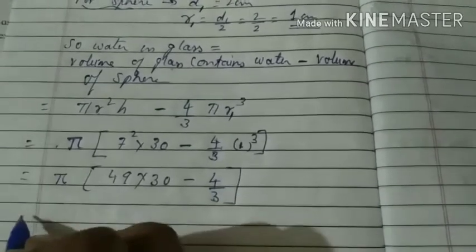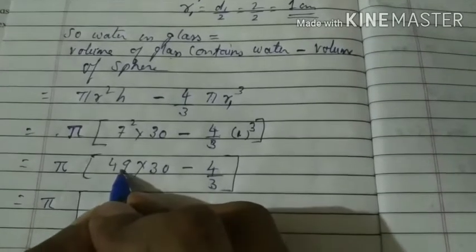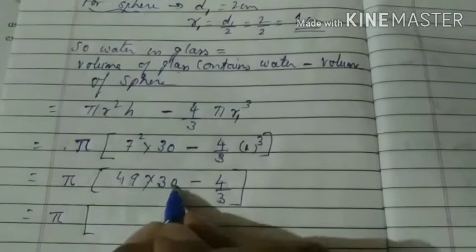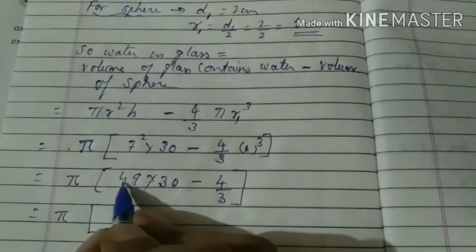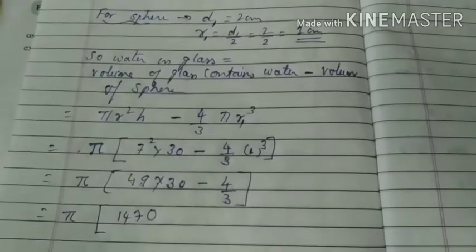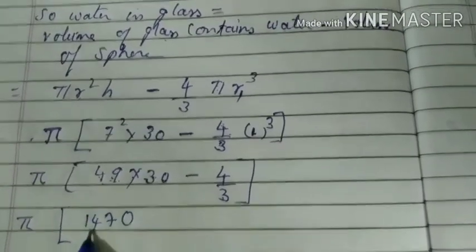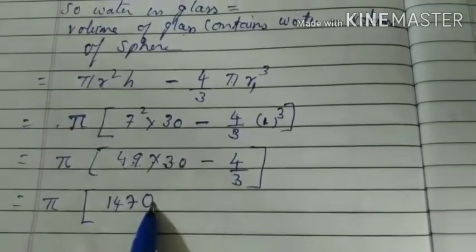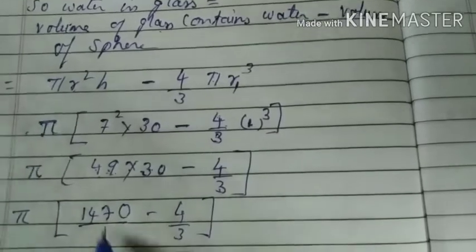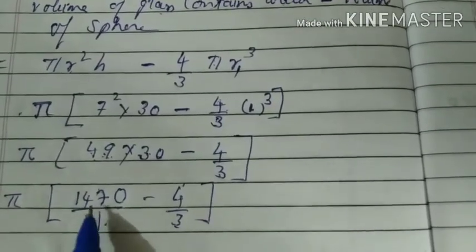So here again pi we will keep same. 49 multiplied by 30 will be 49 3s is 147 and 0 is same. 49 multiplied by 3 will be 147, 0 remains same, minus 4 upon 3. Now here you can use the cross multiplication method because the denominators are not same, or by LCM method.